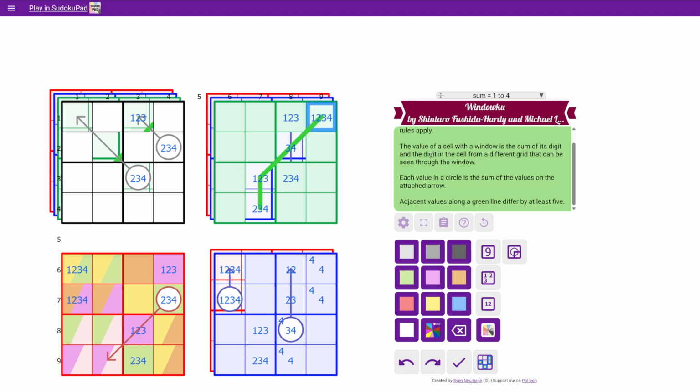So therefore, this cannot be 3 or 4. And this cannot be 3. Okay, so I do think that is accurate.